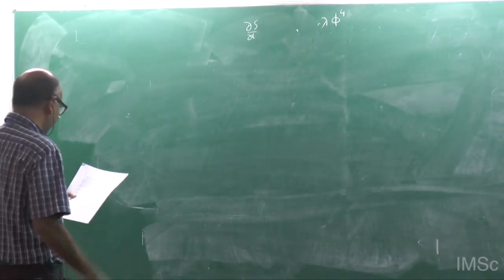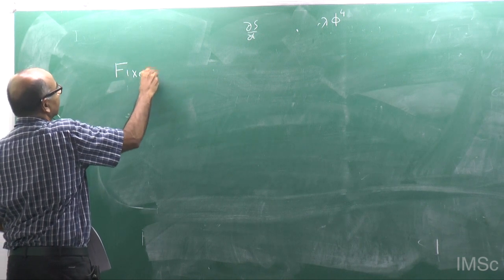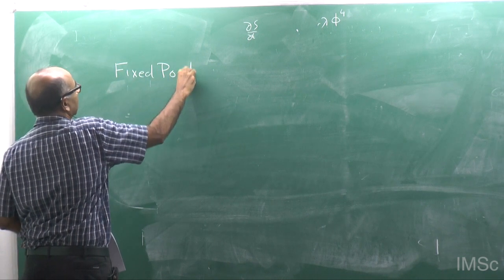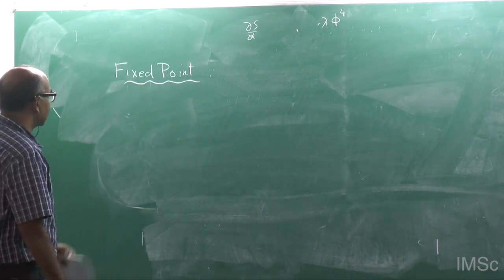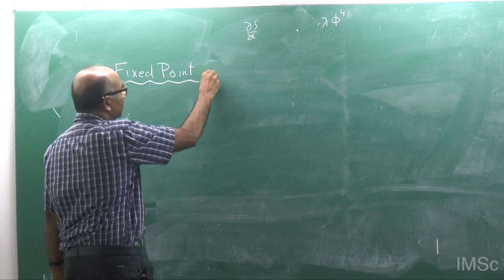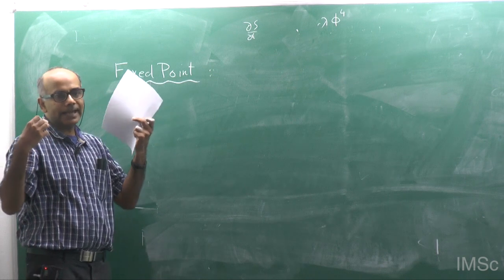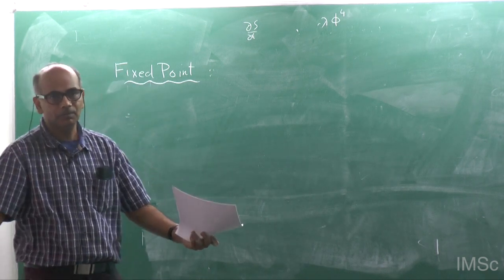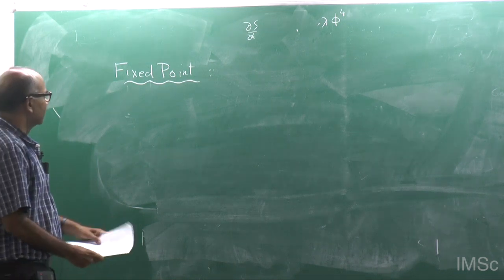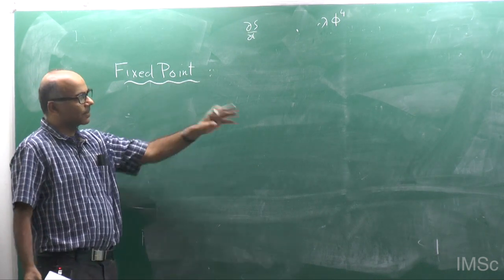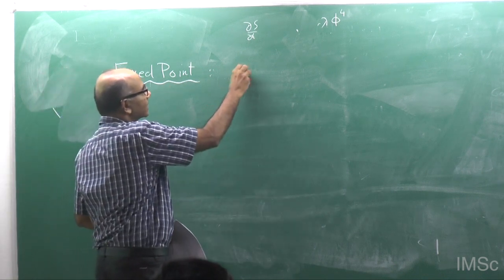So now we have to define what exactly you mean by a fixed point. As the word indicates, a fixed point means that the action doesn't change form after you do an RG iteration. Okay, but it's not as simple as taking the original action and doing that. You have to write the action in dimensionless terms.